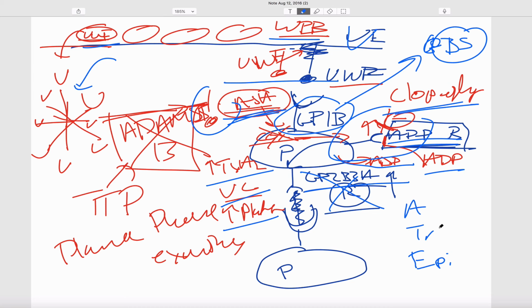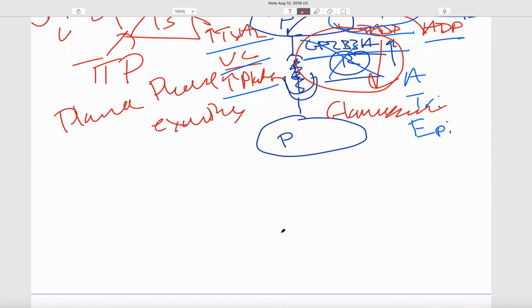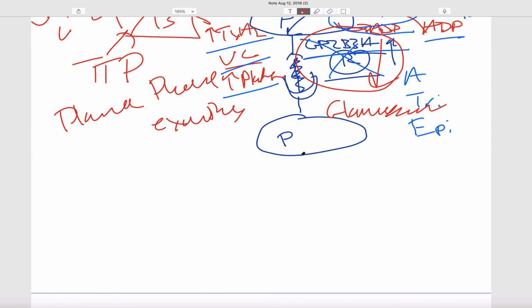If we have a deficiency in your glycoprotein 2b3a receptor, this is Glanzmann's. And if you have an antibody against the glycoprotein 2b3a receptor, that is called ITP. So the antibody to glycoprotein 2b3a is ITP.